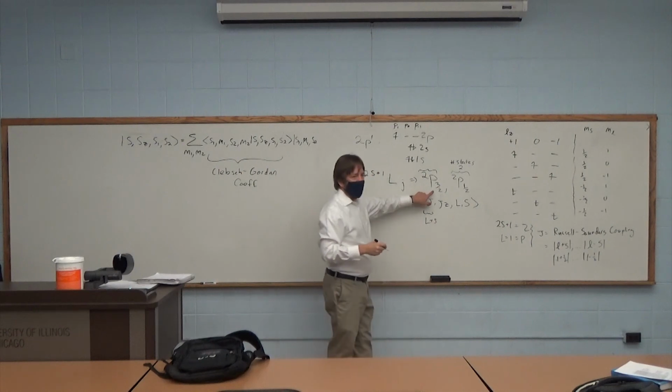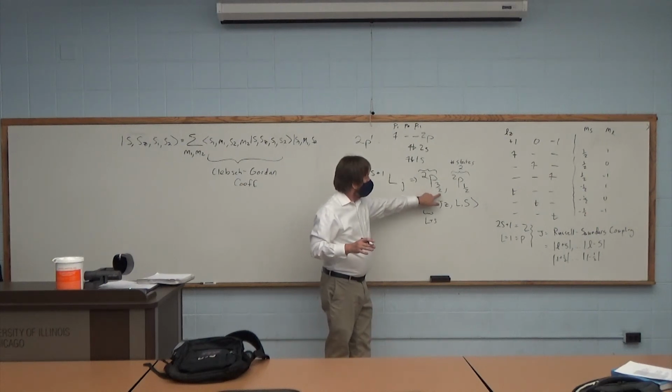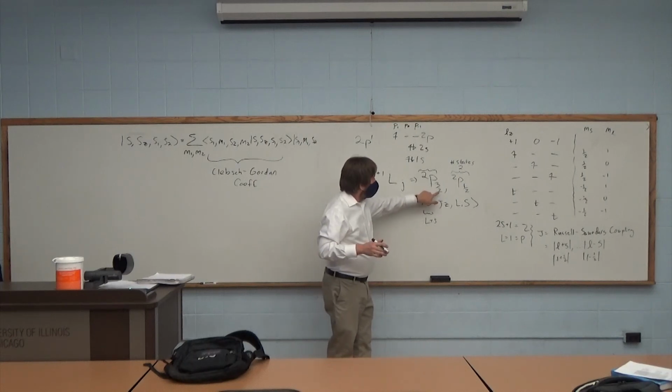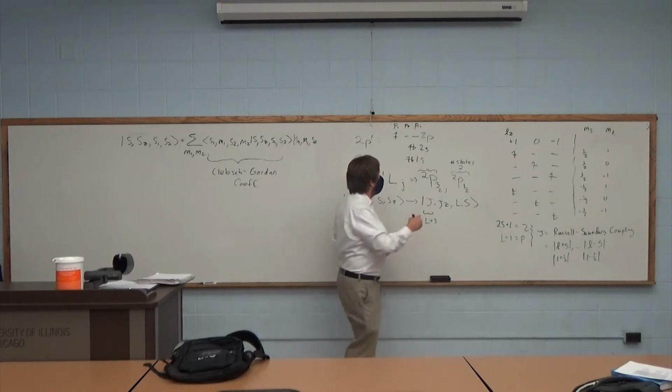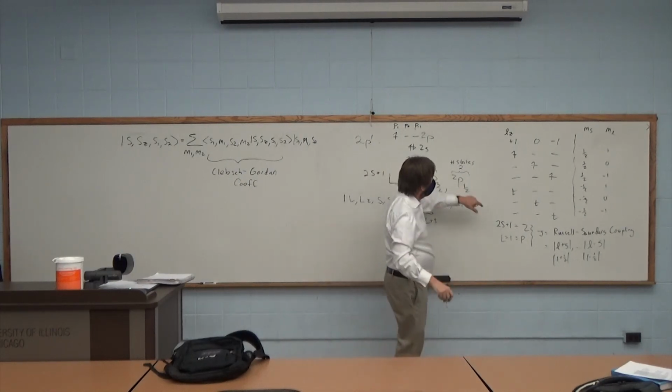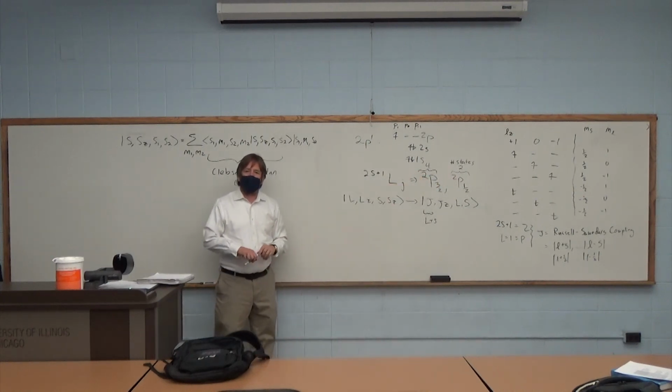How many states are here? That's a little more complicated because it's not an S or a P or a D. It's 4: 3/2, 1/2, minus 1/2, minus 3/2. Remember that: minus L, minus L plus 1, minus L plus 2, up to plus L. So it's 4, and with 2 that makes 6. 1, 2, 3, 4, 5, 6. There are 6 states.